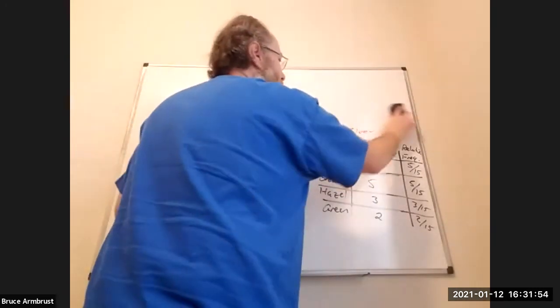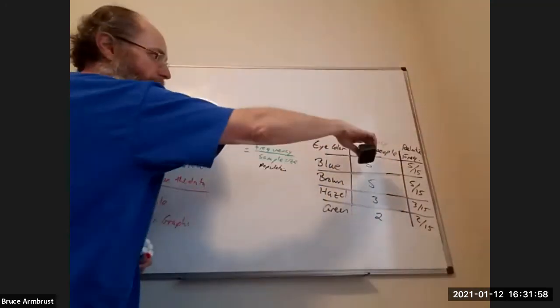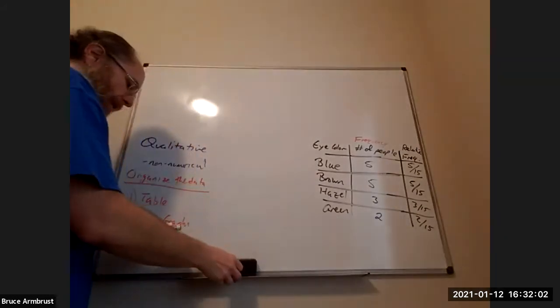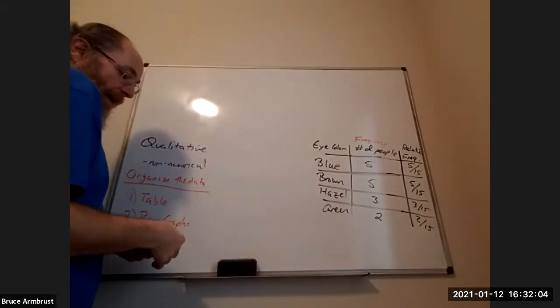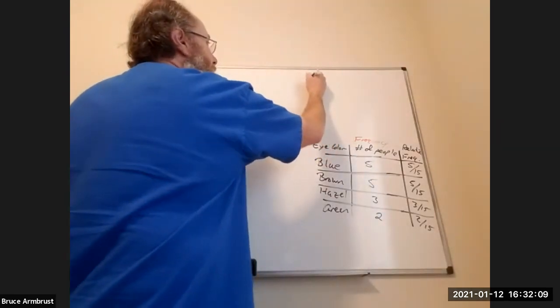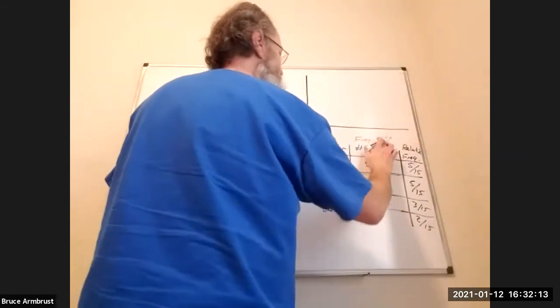I'm going to do it above the chart. I don't need the actual list of our data anymore because I've got my frequencies, so I know all of that. But here's how we do a bar chart. It is a graph. We're going to have a vertical axis and a horizontal axis.